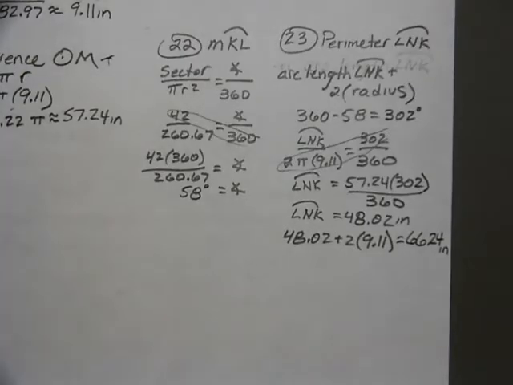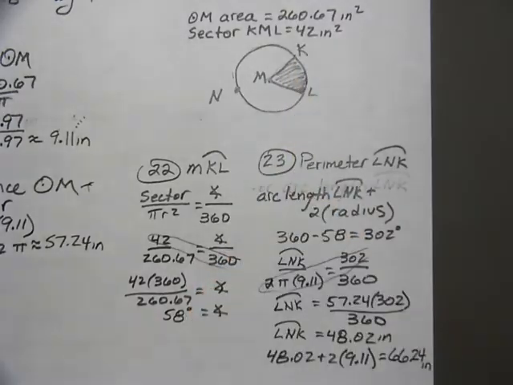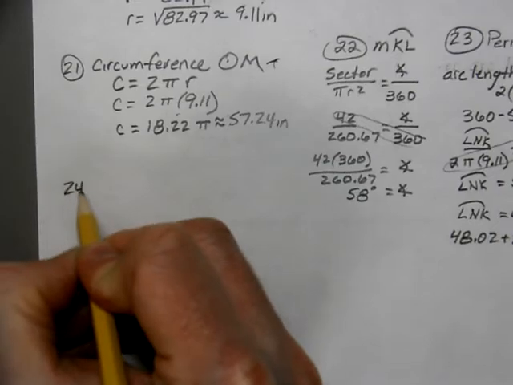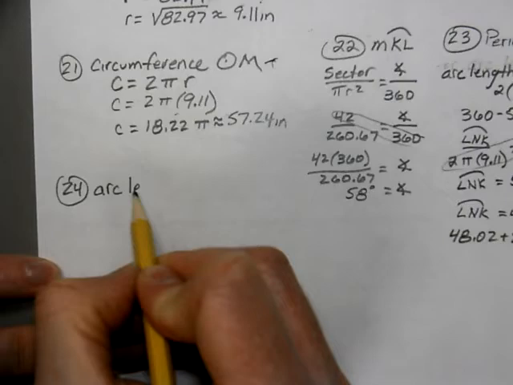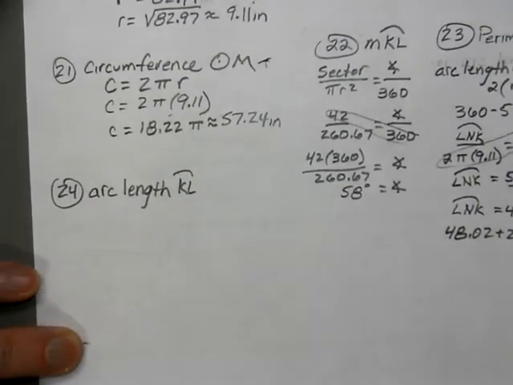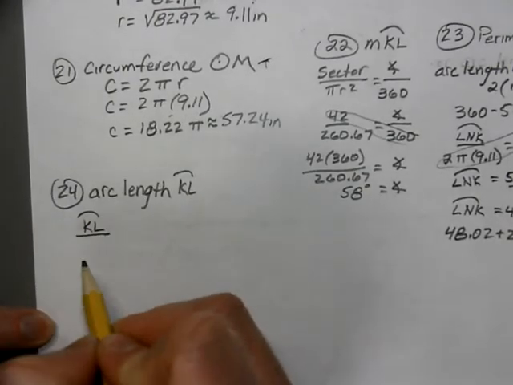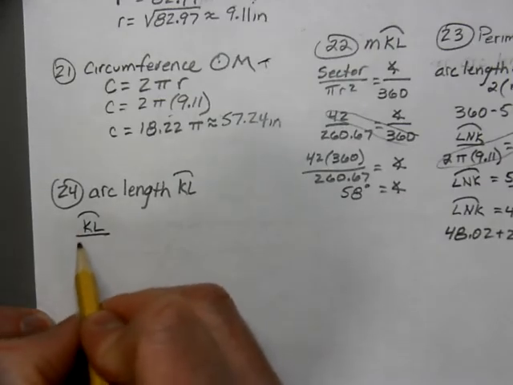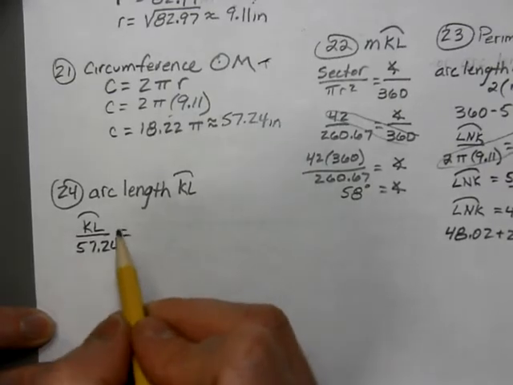Number 24, what is the length of KL? What is the arc length of KL? So we're going to use the arc length over the circumference, which we have figured out to be 57.24, equals the angle.